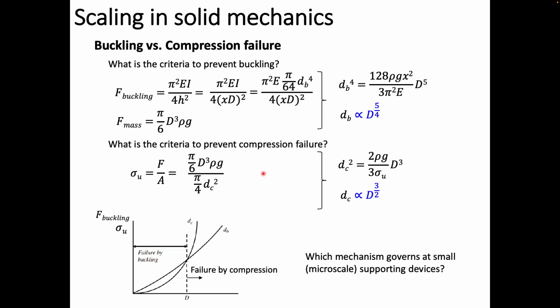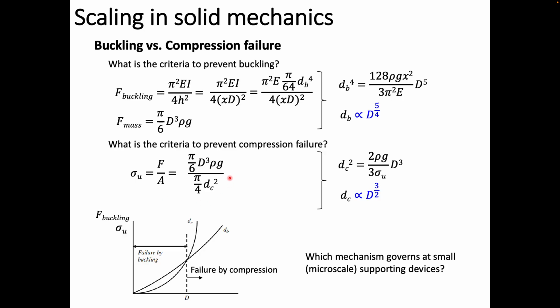And what is the criterion to prevent compression failure? In this case, we consider the ultimate stress. We evaluate the weight from the sphere, and the area is the cross-sectional area of the supporting rod.